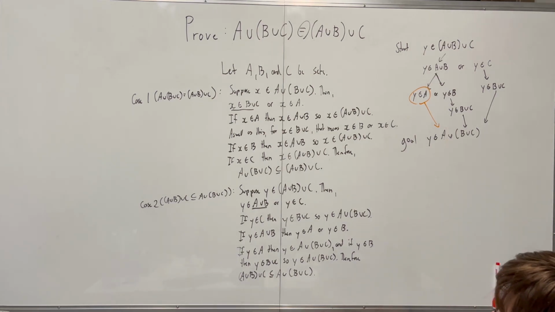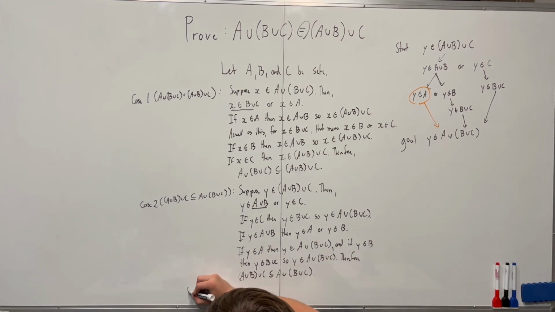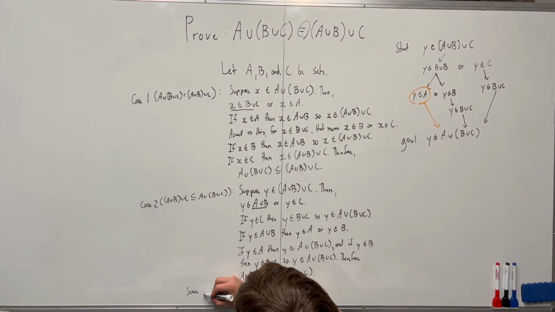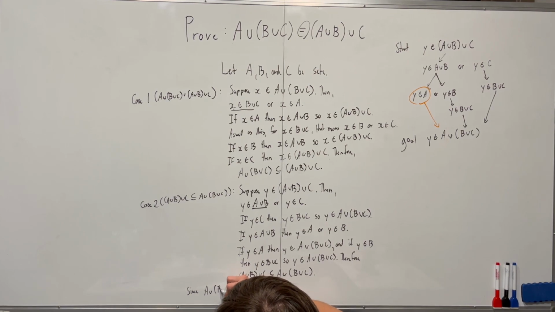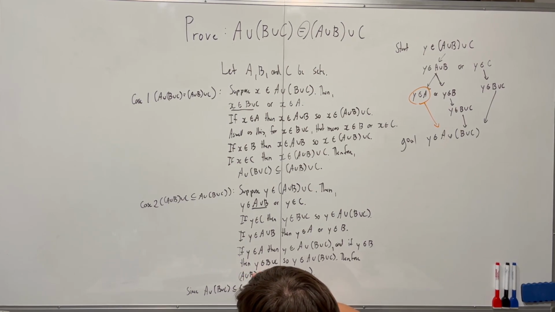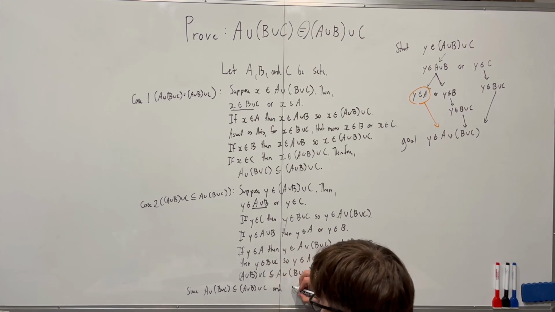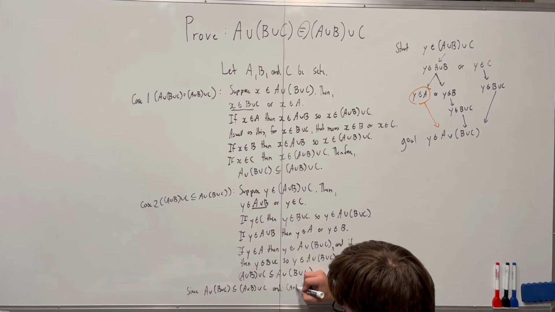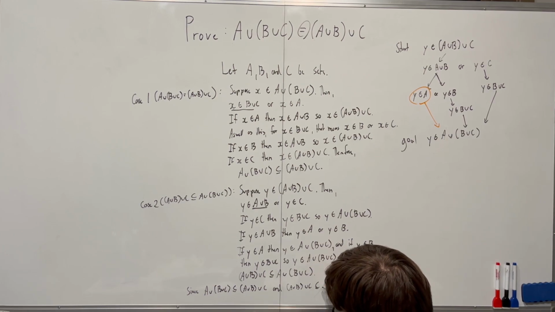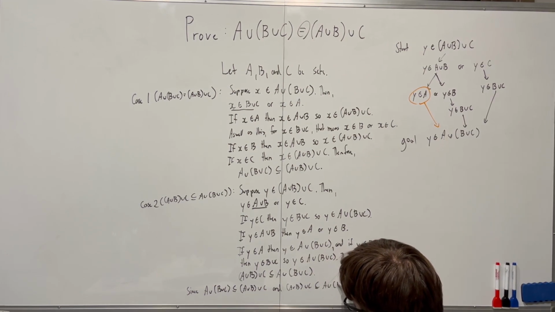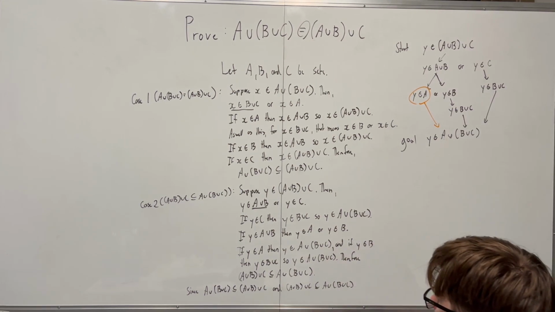Now we don't want to show anything more. Now we can just conclude our statement, right? We can say that overall, since A union (B union C) is a subset of (A union B) union C, and the other way around, (A union B) union C is a subset of A union (B union C).